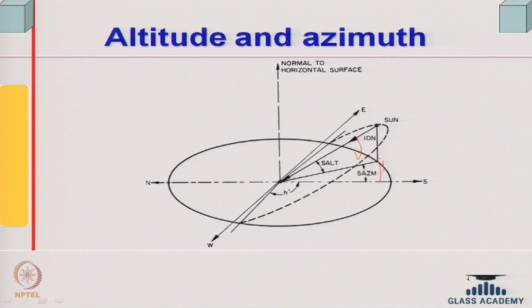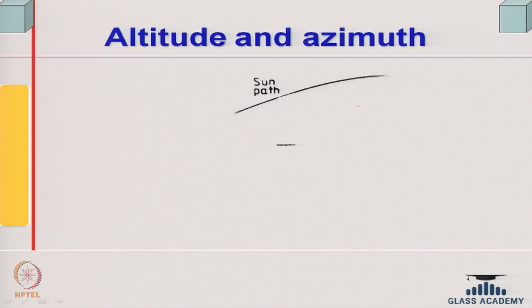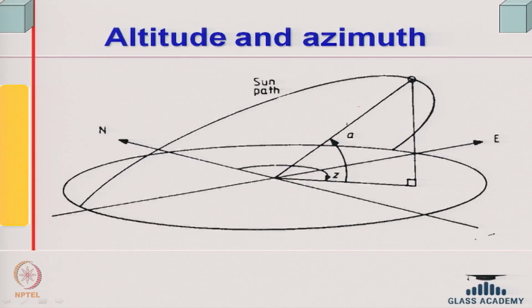One may follow the angle clockwise from geographical north to the sun's projection on the ground. Any convention followed must be followed consistently throughout the analysis. That's what is important.